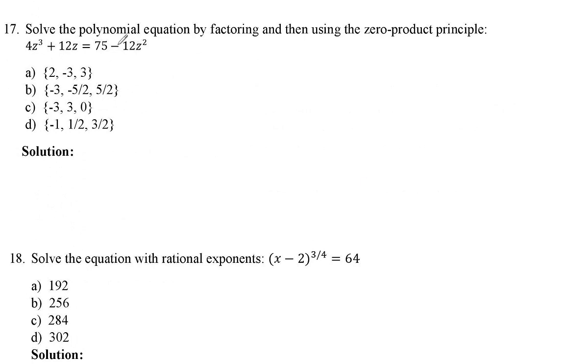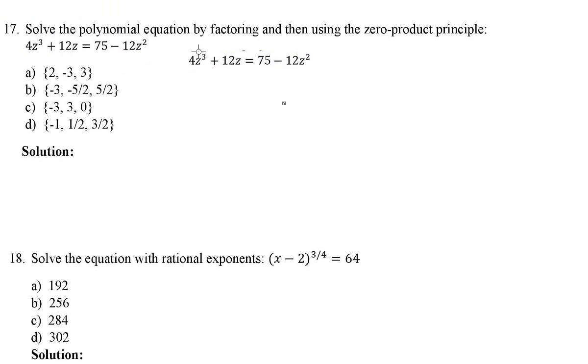And then 17 here, we're solving this polynomial equation by factoring and then using the zero product principle. So that's where you set each of the factors equal to 0. So what we want to do here is, since this is a higher order equation, it's not linear, we want to get everything on the left hand side, and then we'll factor and set each factor equal to 0.